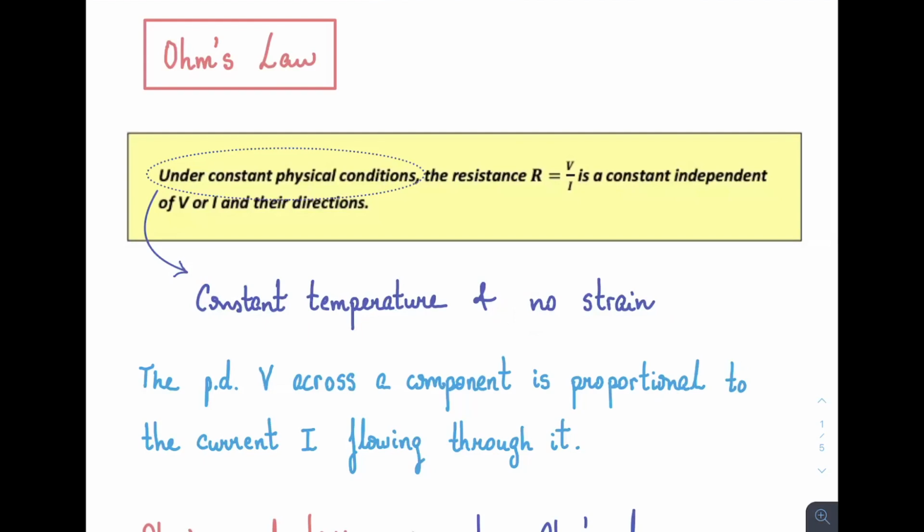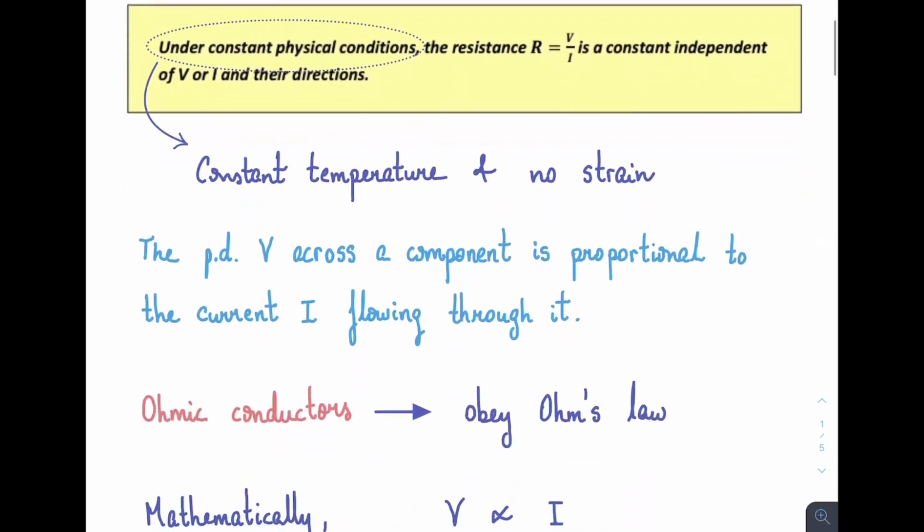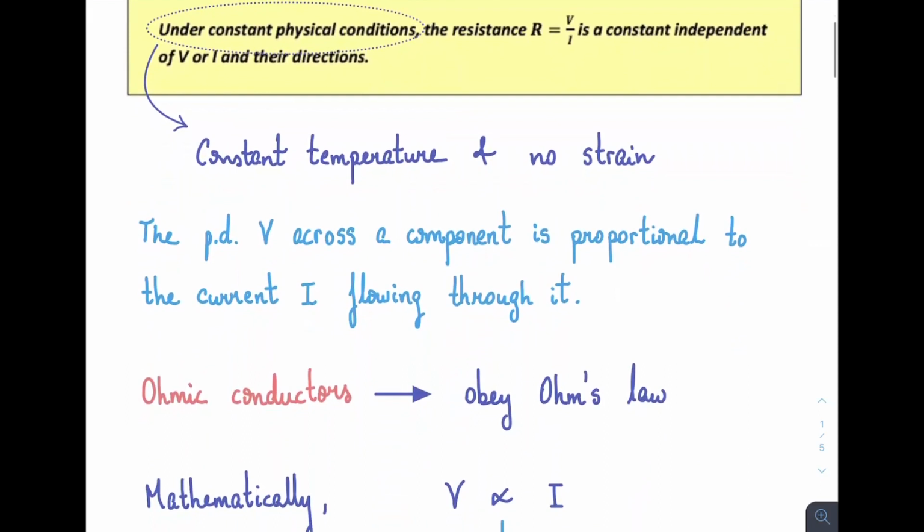In other words, for ohmic devices, the PD across a component is proportional to the current flowing through it. Ohmic components are those devices that obey Ohm's law.